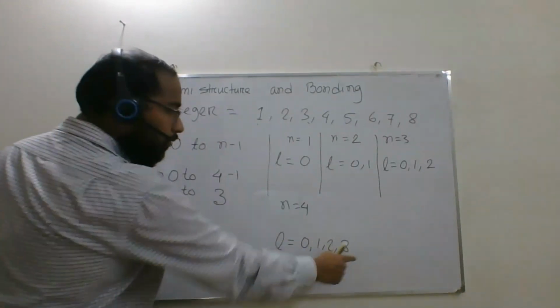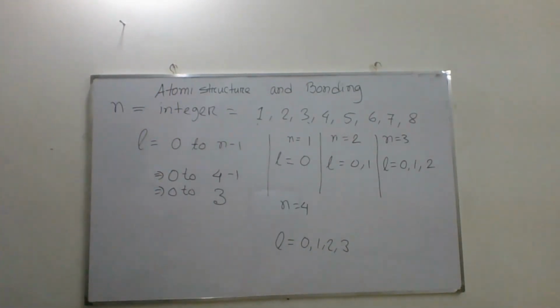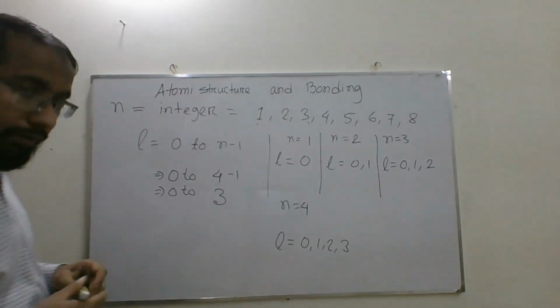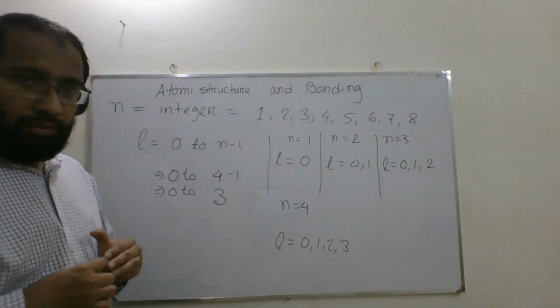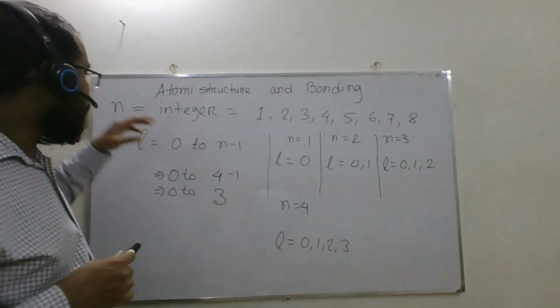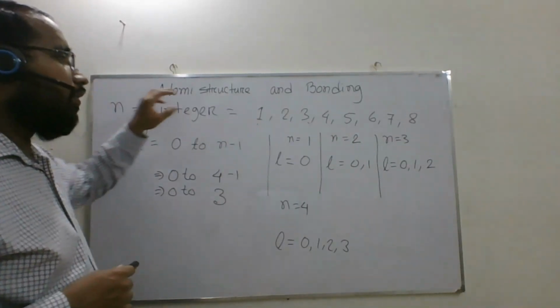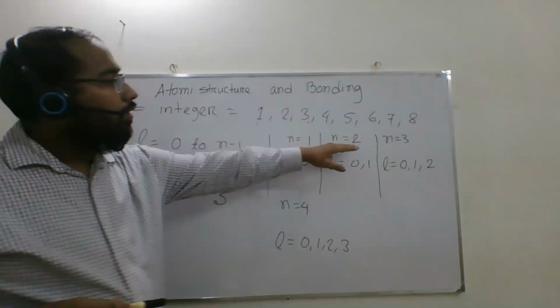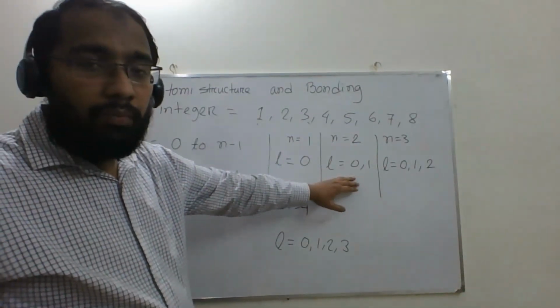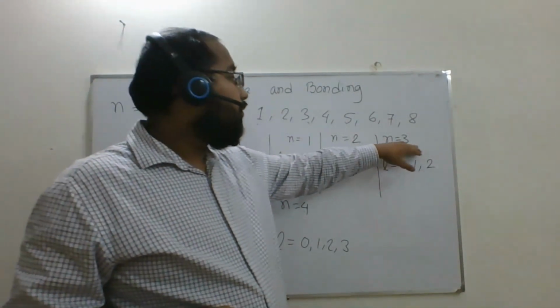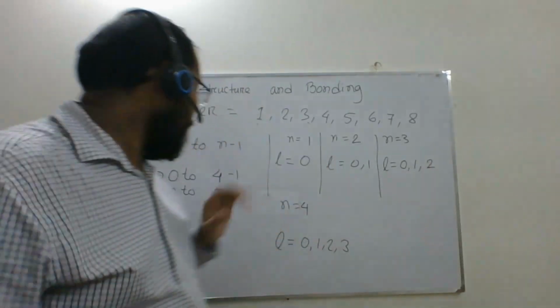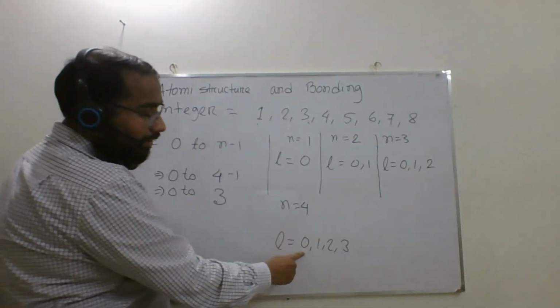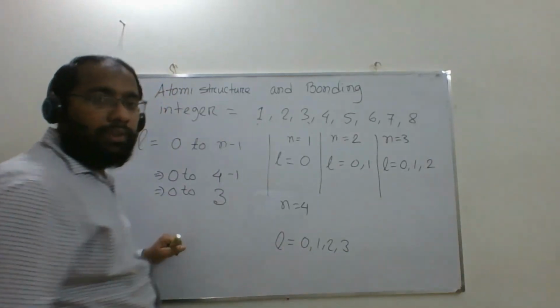So this is basically the way we determine the value of L, and that depends on the value of n. If n equal to 1, then it is only one value, 0. If n equal to 2, then it is 0, 1. If n equal to 3, then 0, 1, 2. If n equal to 4, then it is 0, 1, 2, 3. Clear? Okay.